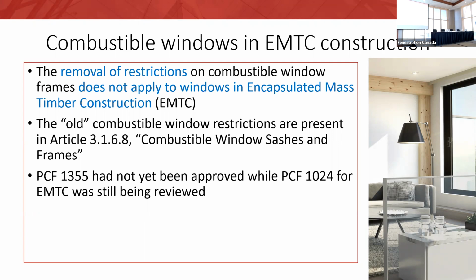So the encapsulated mass timber code change request didn't address windows, it just addressed the structure of the buildings. Those are two separate code changes that were approved separately by the same committee, but the wood buildings don't get wood windows, and all other buildings get wood, PVC, and fiberglass windows. So I'm sure somebody's going to make that change for the next code cycle.